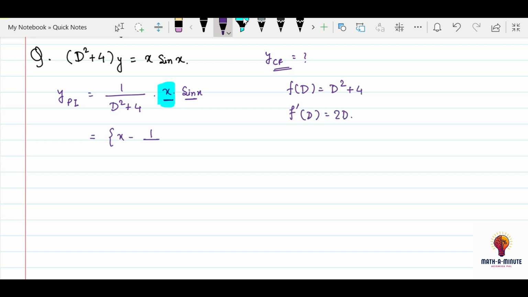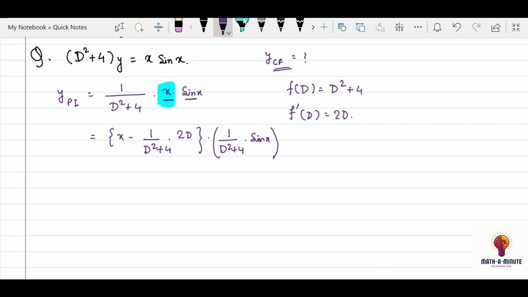Okay. So it will be x minus (D square plus 4) into 2D, 1 by f of D meaning 1 by D square plus 4, into sin x. Okay. We know how to calculate this separately for any trigonometric function.